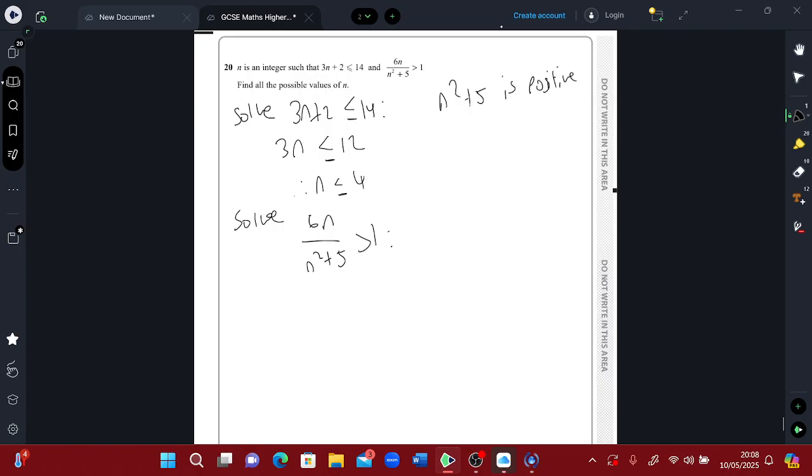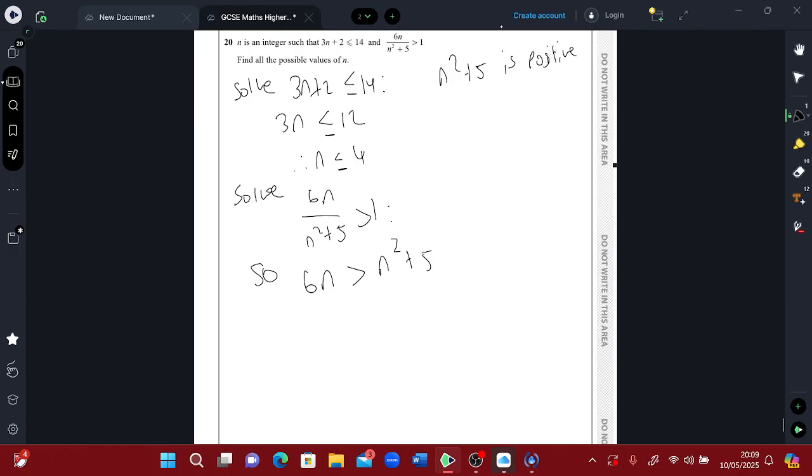Adding 5 makes sure it still remains positive. So if we get rid of this fraction by timesing by n squared plus 5, we can just times through and it will preserve the sign in the inequality because it's positive. And so now at this point, it's just a very bog standard quadratic inequality question.